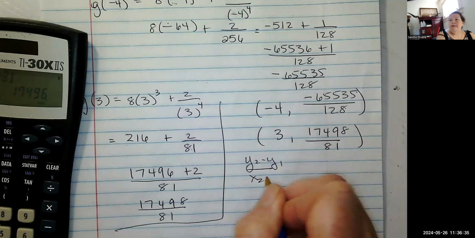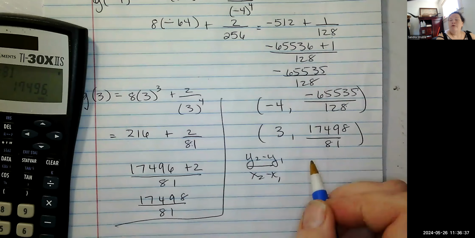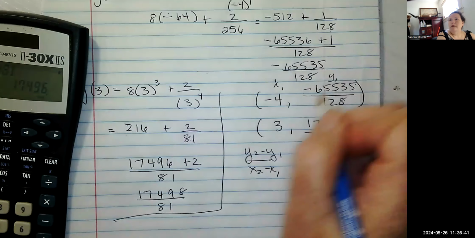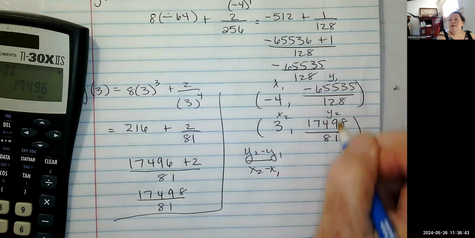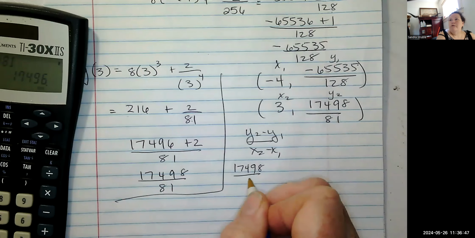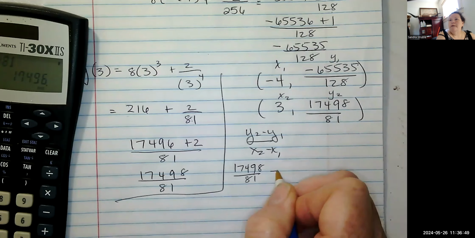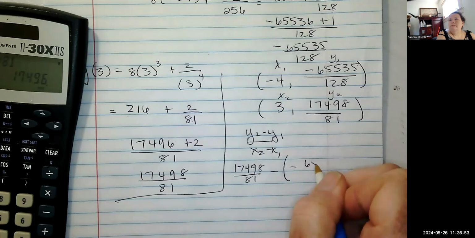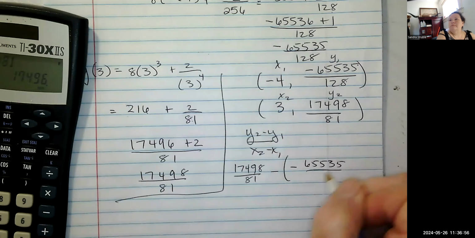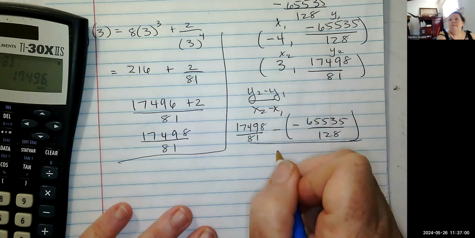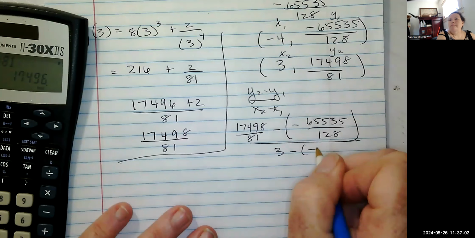At this point we're going to use y sub 2 minus y sub 1 over x sub 2 minus x sub 1 for the average rate of change. I'm just going to label these x1, y1, x2, y2. So y sub 2 is 17498 over 81 minus y sub 1, which is negative 65535 over 128, all over x sub 2 minus x sub 1.